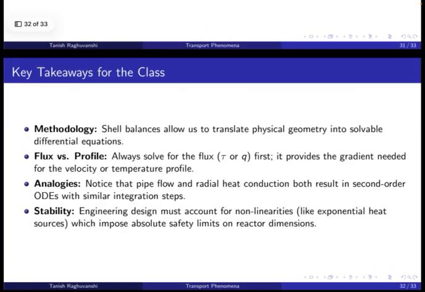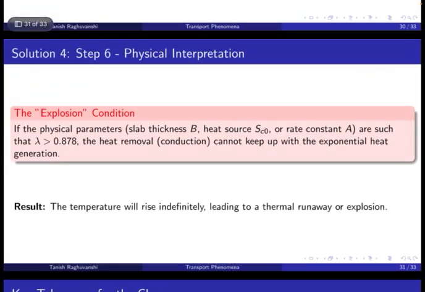So the key takeaways: shell balances, we've done that in all the 4 questions that we solved. And again, dividing by the surface area, taking the derivative and then integrating it for the constants is something that we've seen in every single question that we've done so far, even in class.